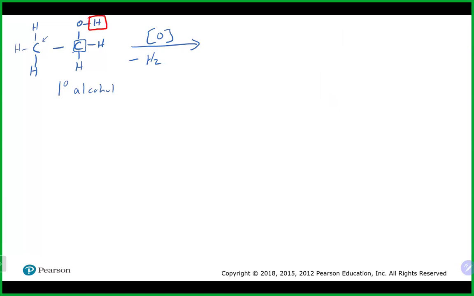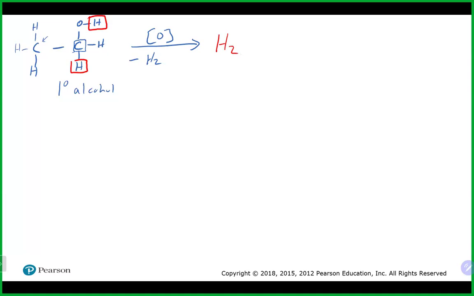And in this particular case, the second hydrogen will come from the carbon that is attached to the OH group. So you could take out either of those hydrogens there. So one hydrogen from each of those locations. That is what is going to give me my hydrogen that's going to come off, and basically what's going to cause the oxidation to occur.